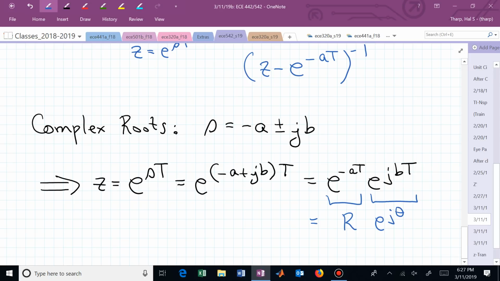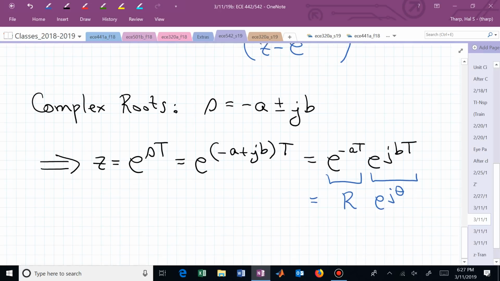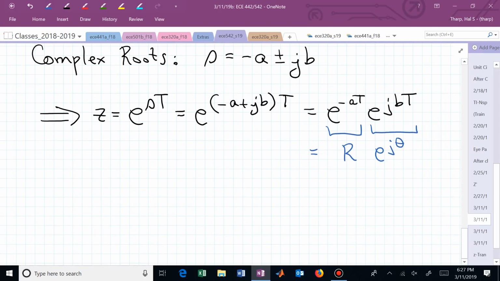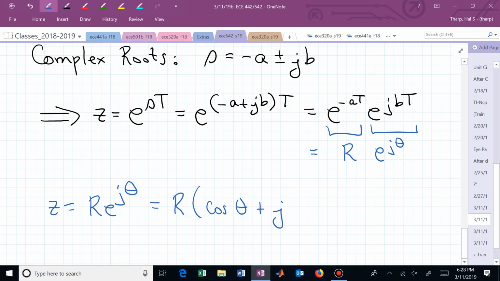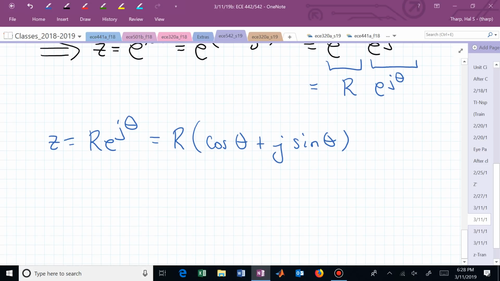That's our angle. So if we now said z is equal to r e to the j theta, we can use Euler, cosine theta plus j sine theta, to expand e to the j theta in rectangular form.